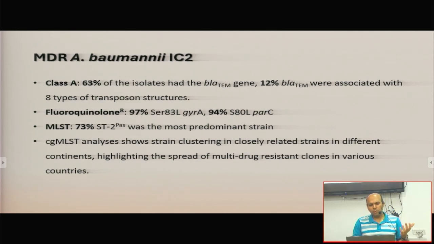Core genome MLST looks at the entire core genes of the bacterium, and that gives a good indication of which strains are clustering more together. It's like doing one test in your family between you and your sister or brother or your mother and father, and you understand that you are related to them.